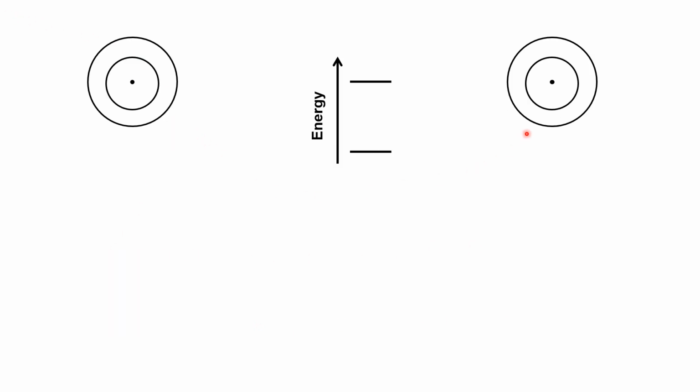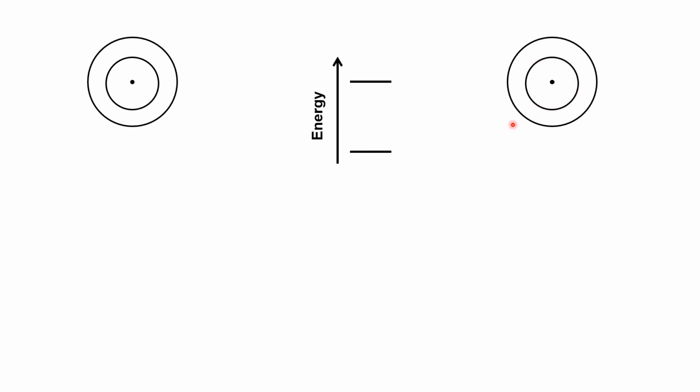We could also consider a system formed by these two atoms. So in this case, there are two orbitals of this system with this energy and two orbitals of this system with this energy. So here we have two lines and here we have two lines. For example, one line here could represent this orbital and the other line here could represent this orbital.